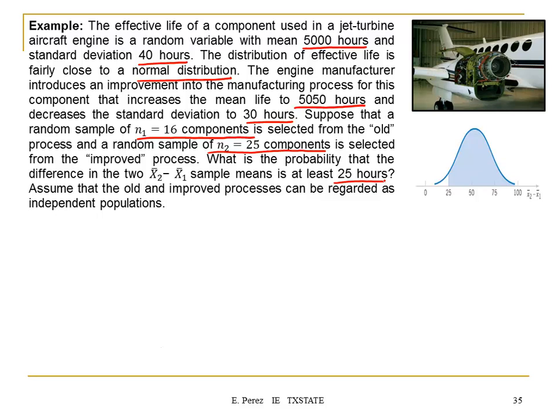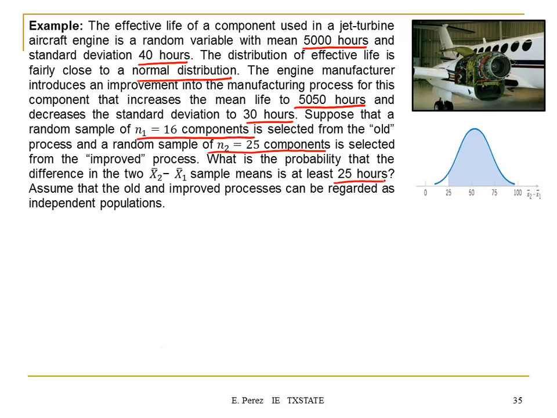Okay, so we know how to compute the mean of the statistic of the difference of the means, and we know how to compute the variances. And we know how to compute the standard normal random variable based on those parameters.